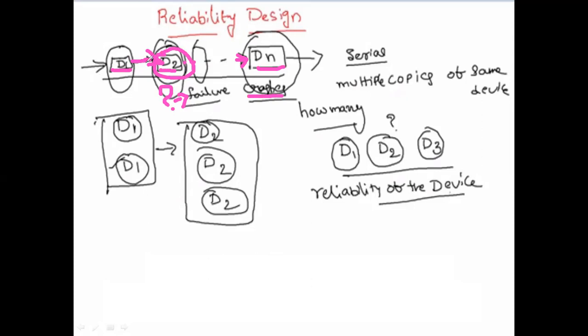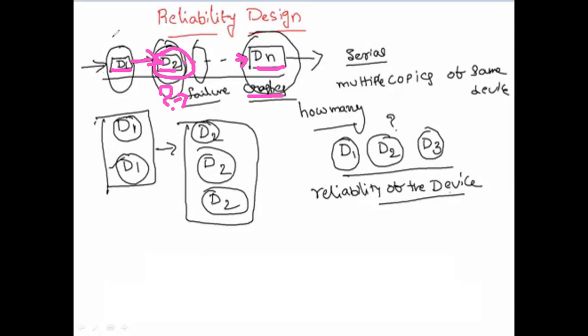So multiple devices are connected serially, and the output of one device is given as input to the next device. If any one device fails, the operation fails. That time it is not a reliable system.